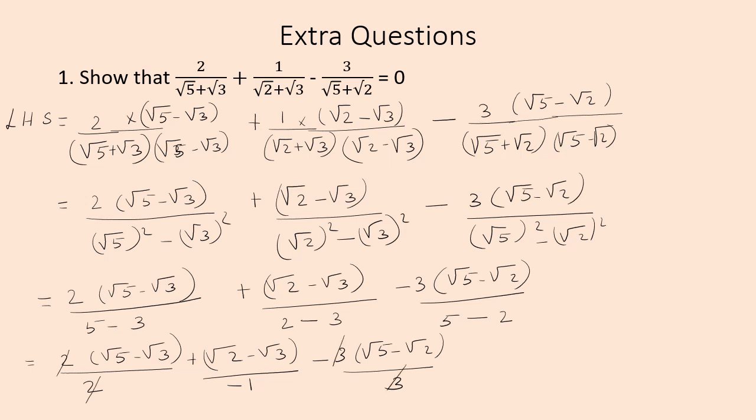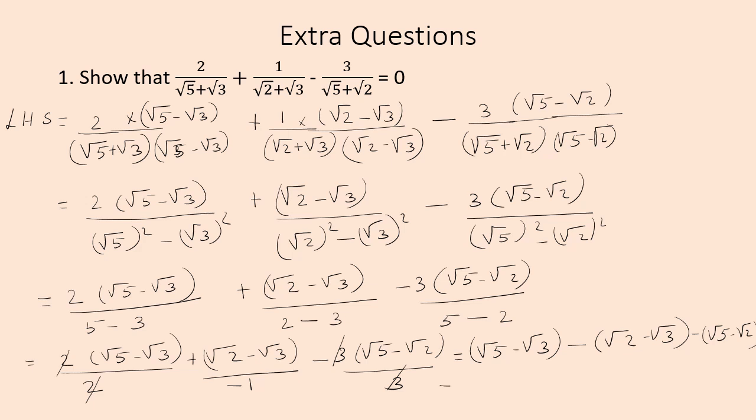The negative sign of the second term, you can take it to the numerator. So this you can write it as root 5 minus root 3. The negative sign, you have to take it to the top. So you are taking it as minus root 2 minus root 3 minus root 5 minus root 2.